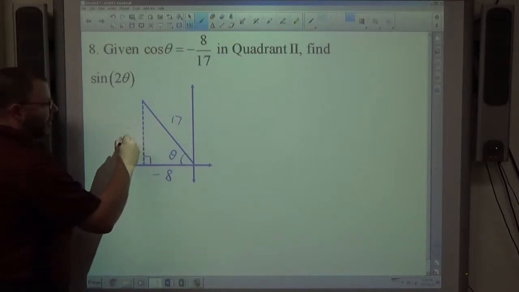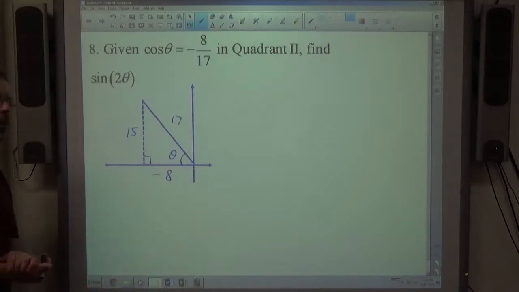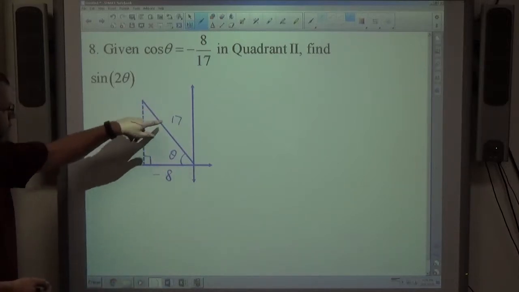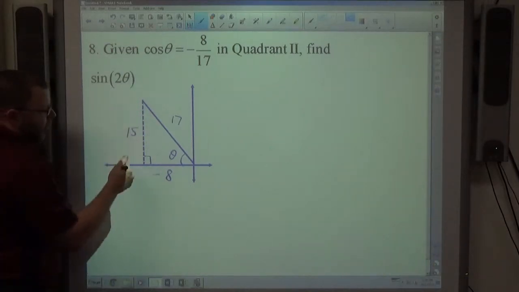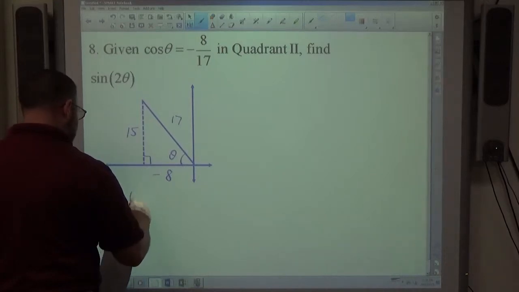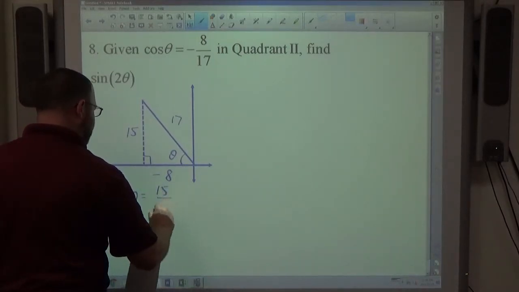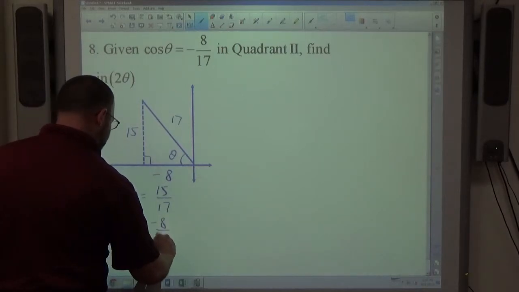8, 15, 17 is a Pythagorean triple. If you don't know your Pythagorean triples, then by all means the Pythagorean theorem will work. A squared plus b squared equals c squared, work it out. This time we're going up for the opposite side, so that's a positive 15. So I know the sine of theta is going to be 15/17. The cosine of theta is of course negative 8/17.